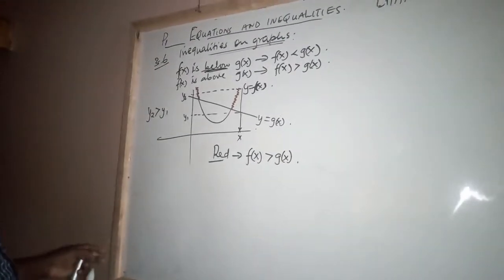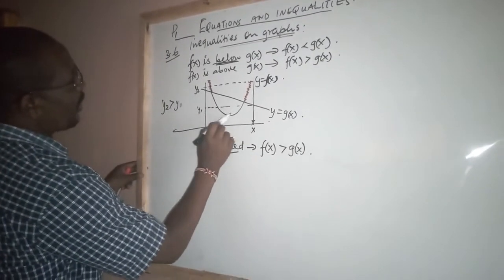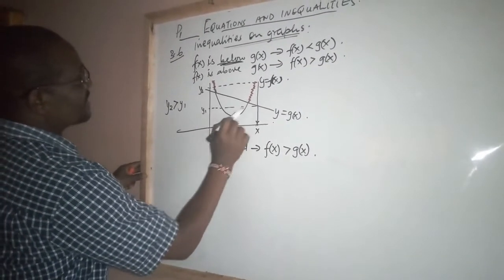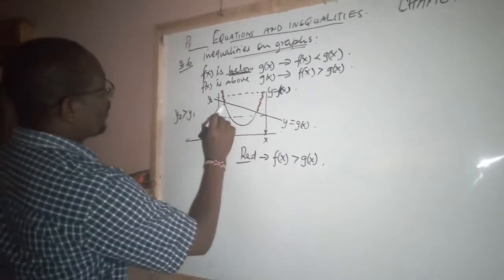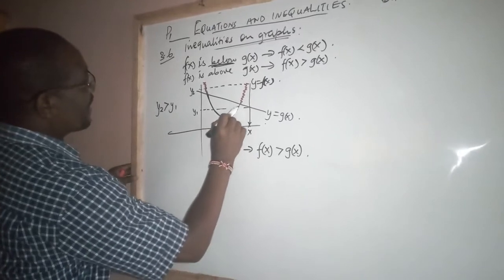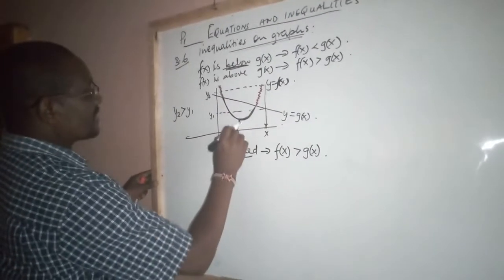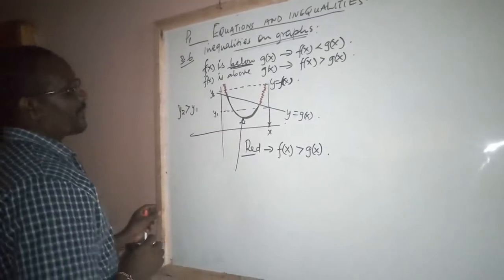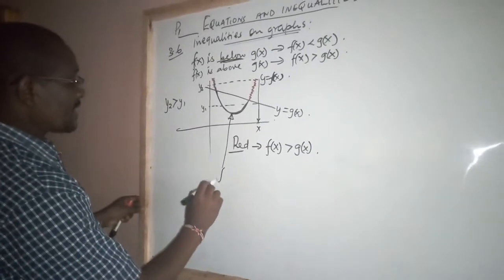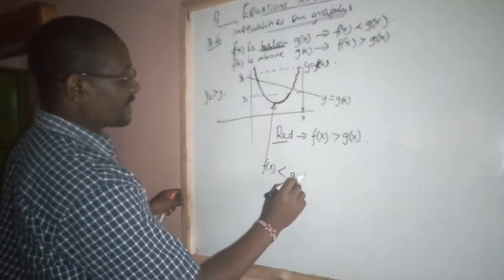There is also a region below where f(x) is below the straight line. All this region is where f(x) is below g(x). So within that region, we interpret it as f(x) being below g(x).